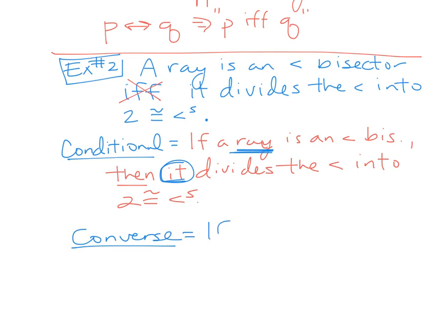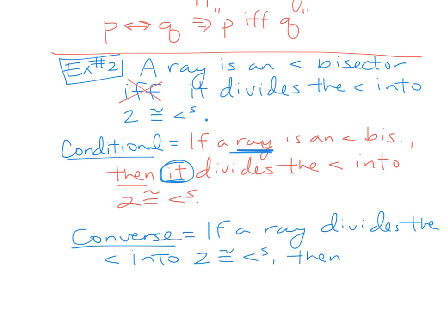So if a ray divides the angle into two congruent angles, then it's an angle bisector. So just make sure you're being clear with what you're talking about. Don't call something "it" at the beginning of a sentence when we haven't established what it is, right? Call it the ray, or call it whatever it is that we're talking about. Questions on that?